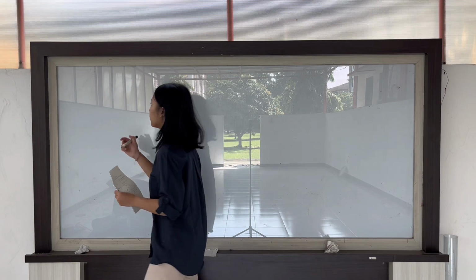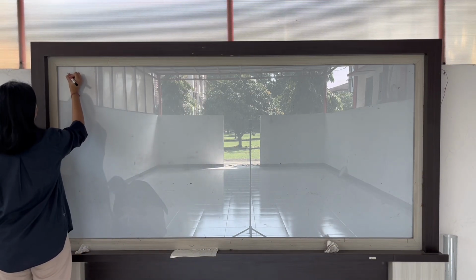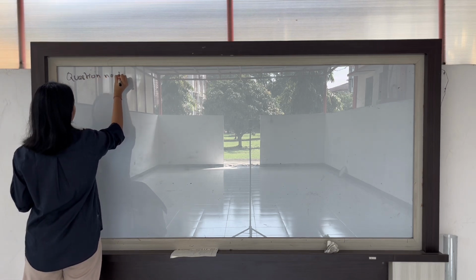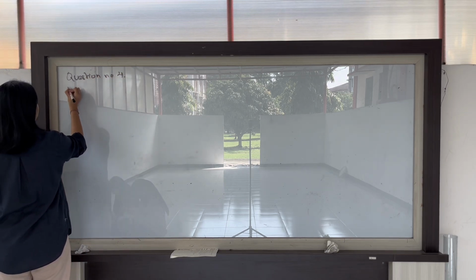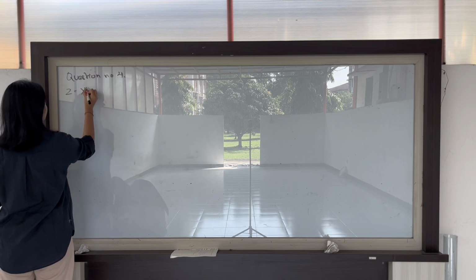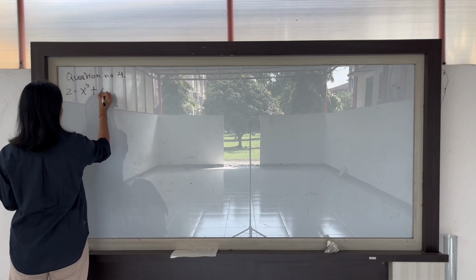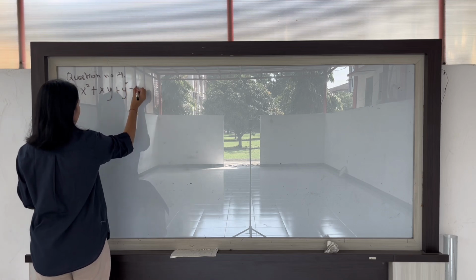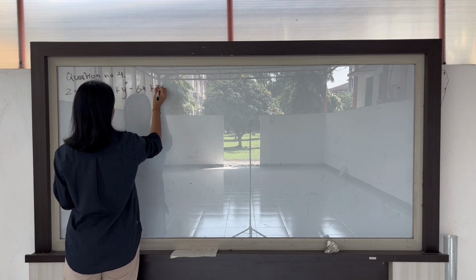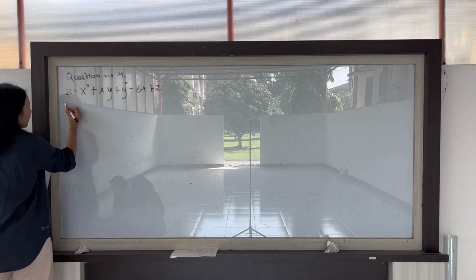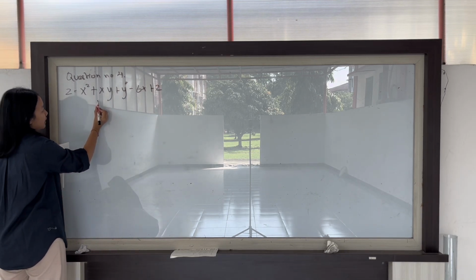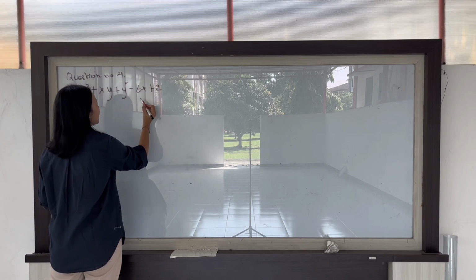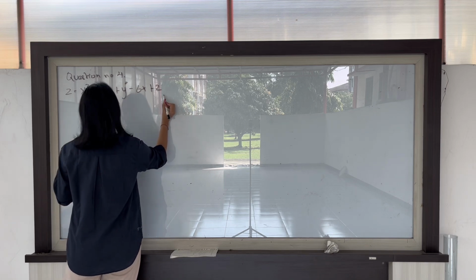Okay, question number 4. Z equals x squared plus xy plus y squared minus 6x plus 2.